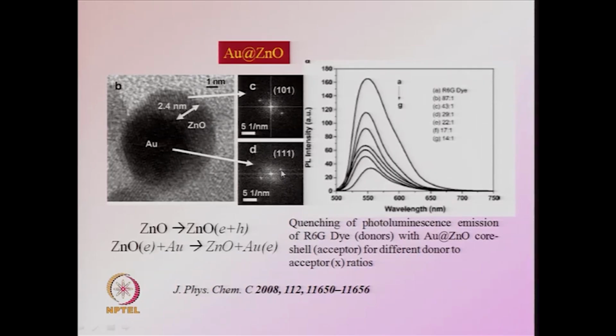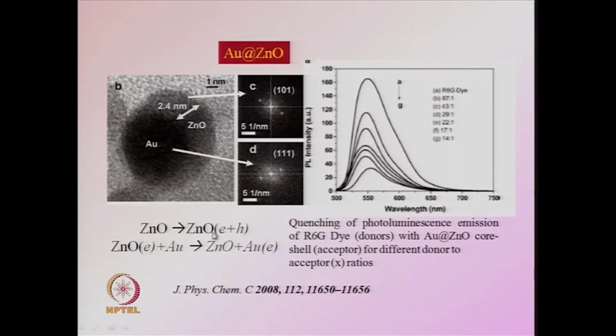So, now this kind of core shell structure, with a metal particle surrounded by a semiconductor which is zinc oxide, what will happen when it is exposed to light? When it is exposed to light, the shell which is zinc oxide will produce an electron and a hole together, which is called an exciton.